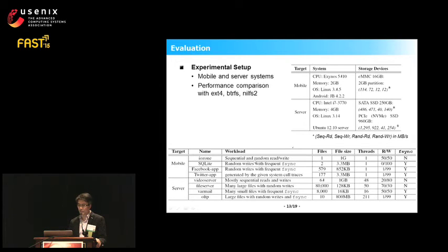We run sequential and random read-write performance tests, and the others use Fsync very much. The server system has 4 different benchmarks: video server is mostly sequential, file server writes many large files with random writes, and varmail and OLTP have small and large file Fsync behavior.